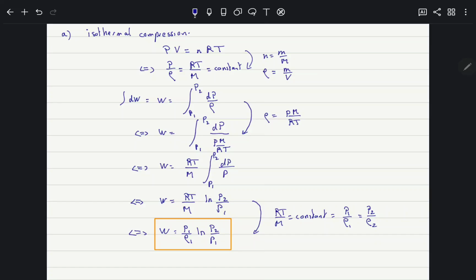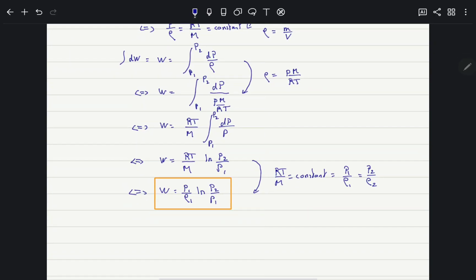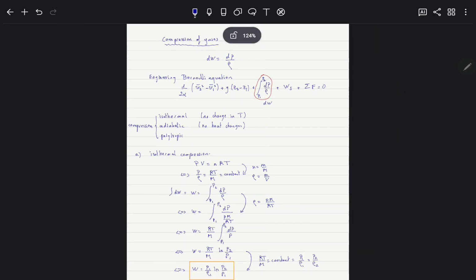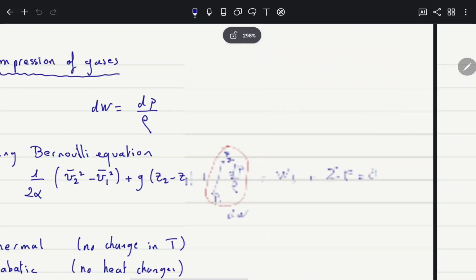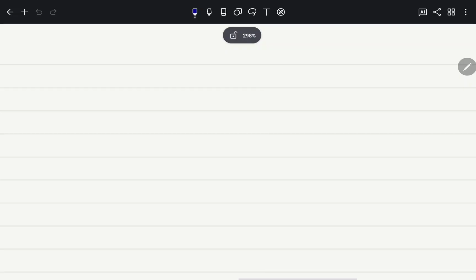Okay, now we're going to move on to the second case, and let's add a page to it. Our second case will be when we have adiabatic compression.